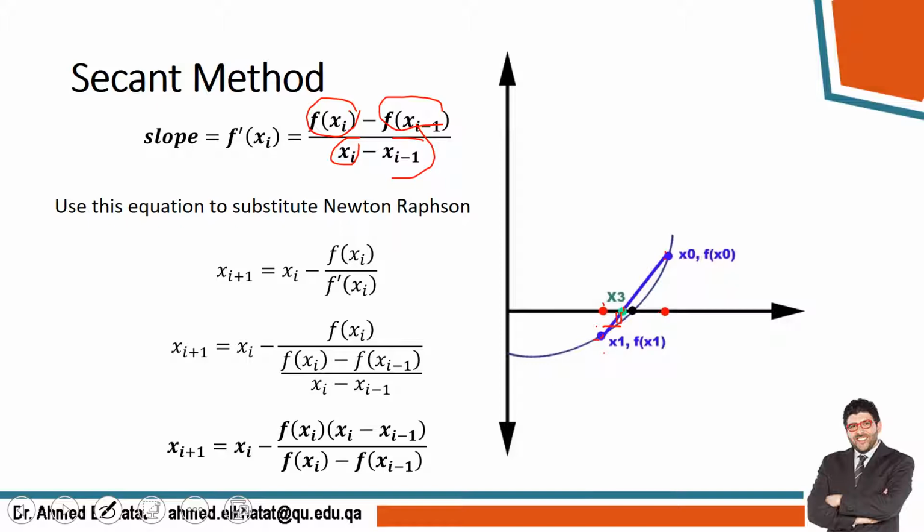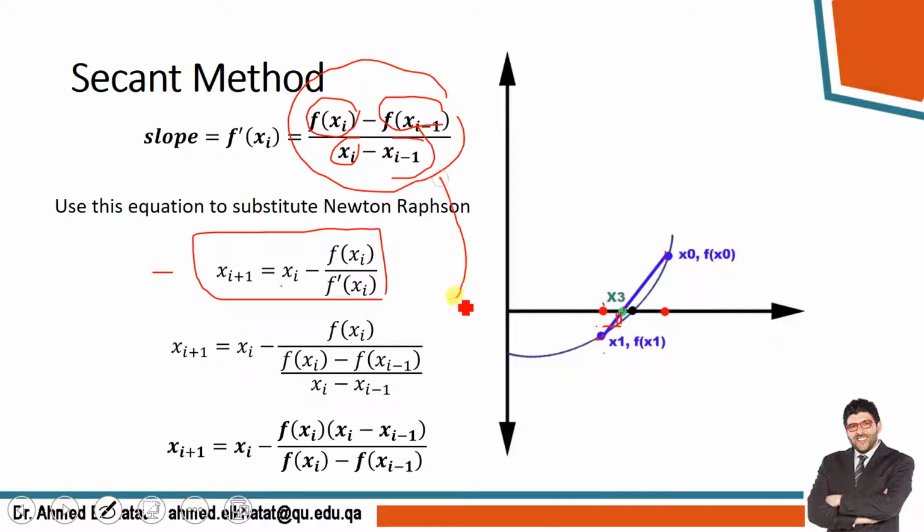In the Newton-Raphson method, we said the new solution x_(i+1) is x_i minus f of x_i over the derivative f prime of x_i. Now I can substitute the slope here, and this will produce a new equation, and by rearranging I can get the new estimate. In this one I don't have any derivative, so it will be good for equations that are difficult to differentiate.